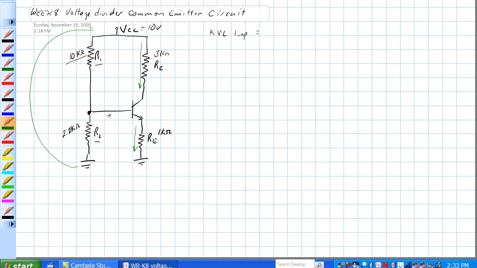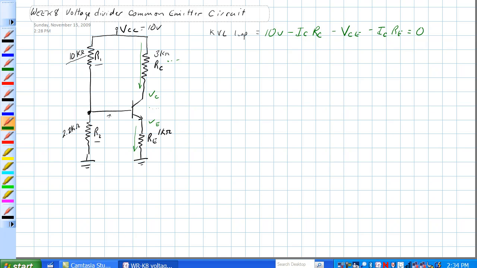So we have 10 volts minus ICRC, that's this one here, minus the voltage from collector to emitter, VCE, minus ICRE, basically ICRE, and that's all equal to 0.